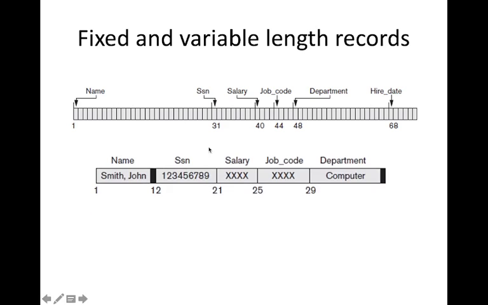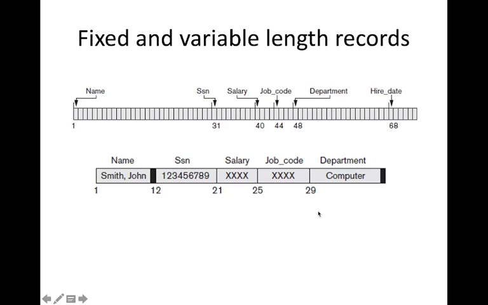So you'll be storing these details. The name will take some 12 bytes. Then for SSN, we'll be using 8 or 9 bytes. Salary will be 5 bytes. Job code, you will be using 4 bytes. Like that, there will be a number of bytes used for every field.